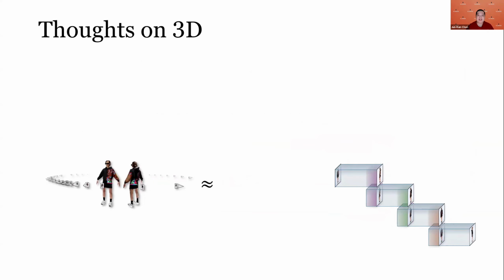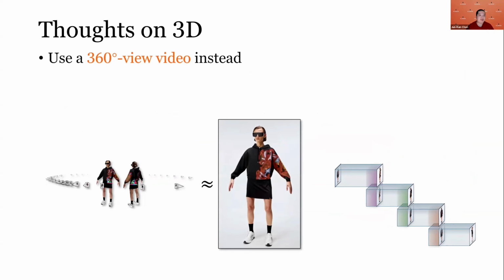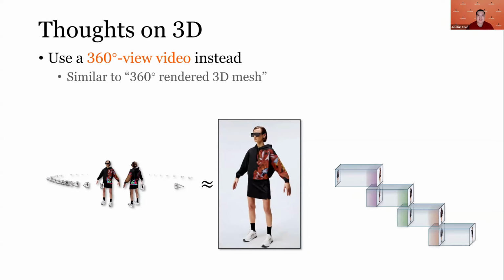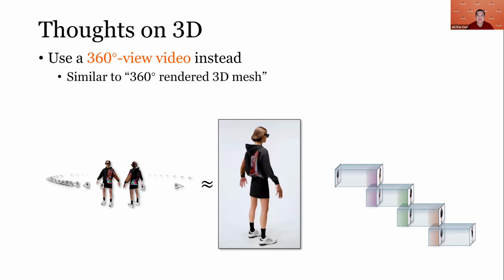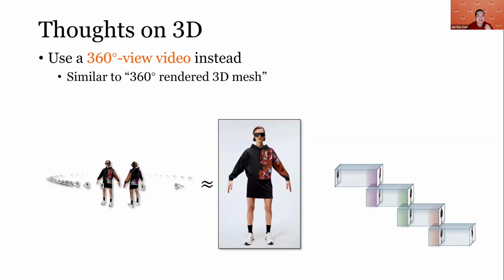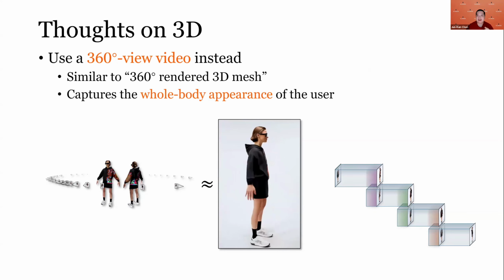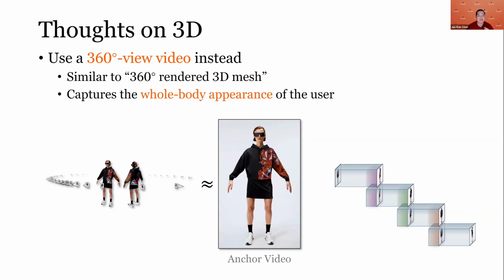So instead, we convert it to an equivalent video, which is a 360-degree view video, which can theoretically be converted into a 3D scene, or can be regarded as a 3D rendered version of this 3D mesh. Since the video has explicit 3D correlations, it effectively contains the same information, which is the full-body appearance of the user. We then use it as an anchor to enforce consistency across frames.